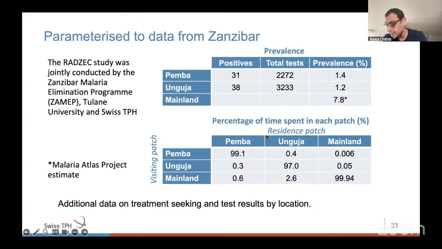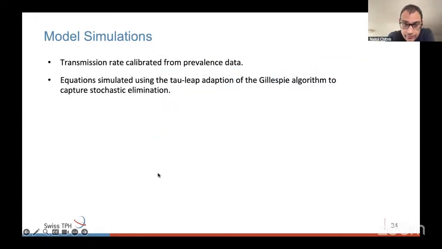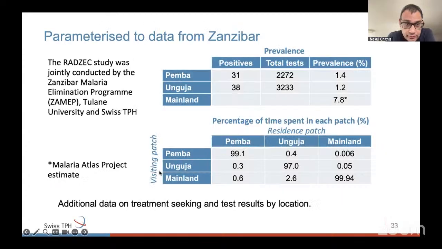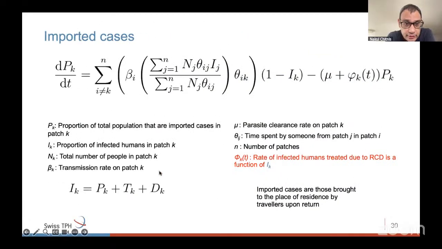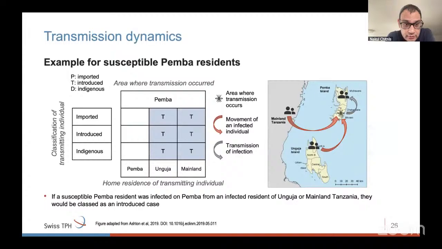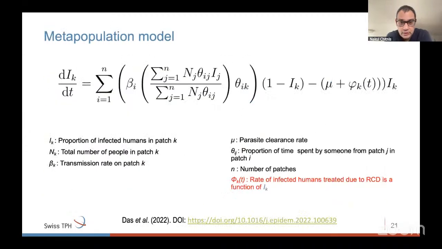Yeah, thank you. So you're correct. This is only point data, right? So we just have the prevalence for the 2 islands, then we had the prevalence for the mainland. If I move to the equations, these betas here are the transmission rates for each of the 3 locations.